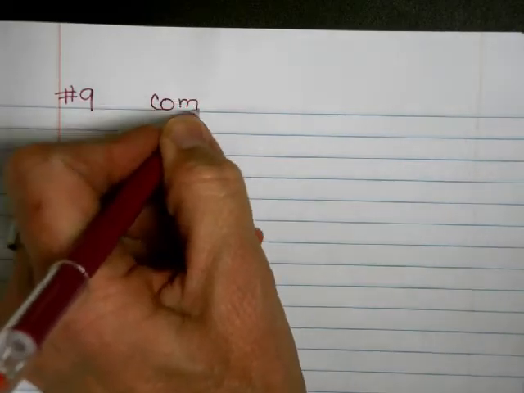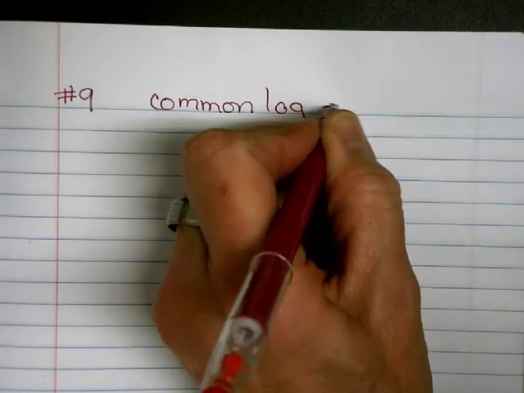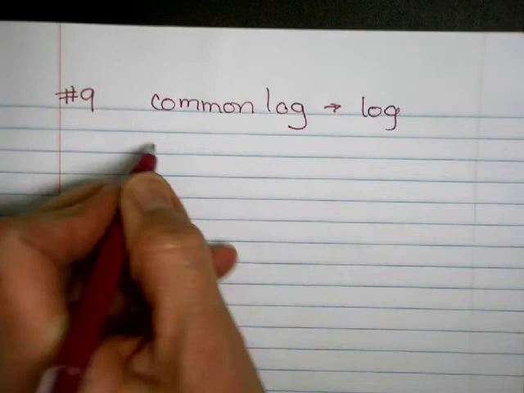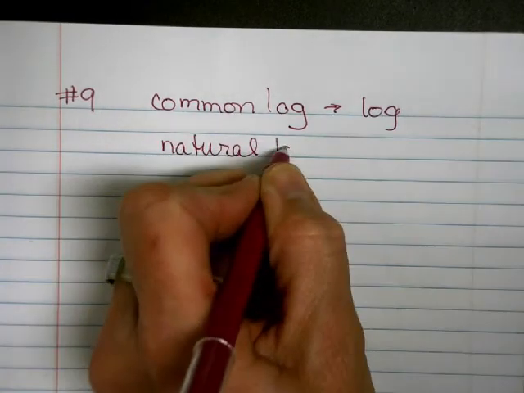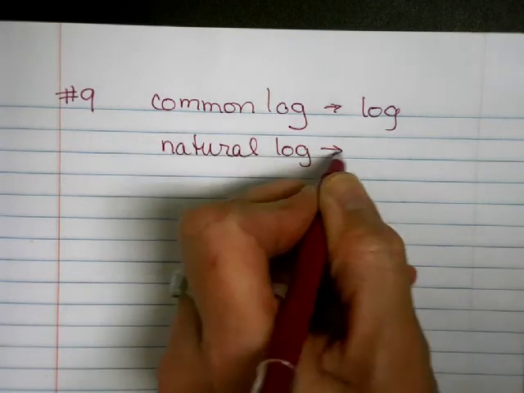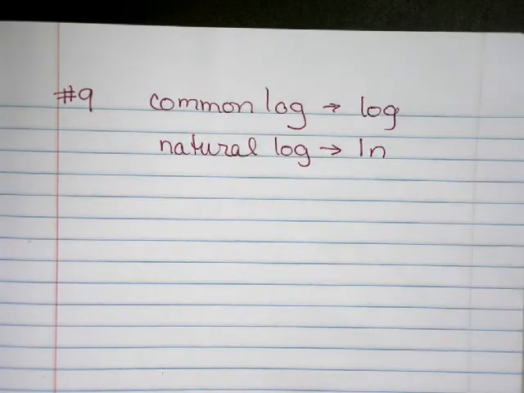I think this is when they stop telling you which logs to use, so you decide for yourself whether you want to use the common log or the natural log. Remember, common log is log on your calculator, and natural log is that Latin word, and the initials are ln.